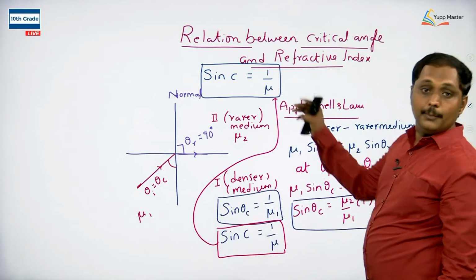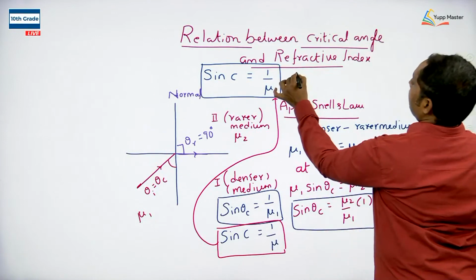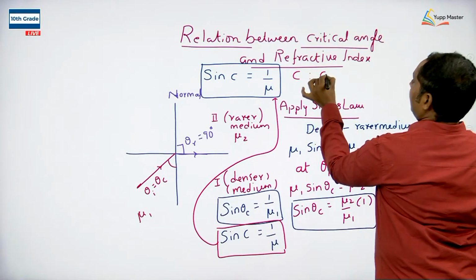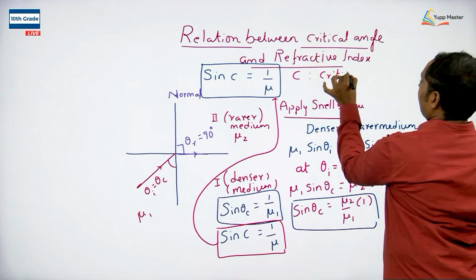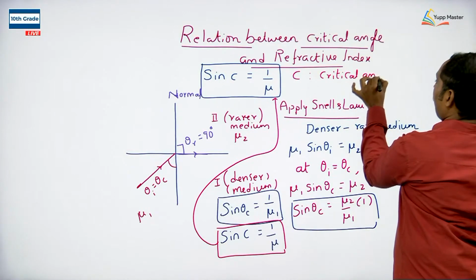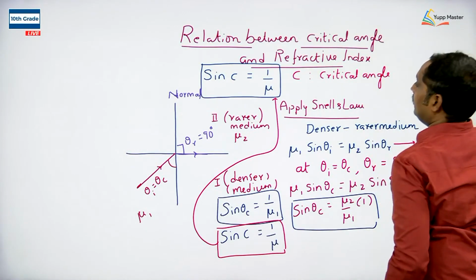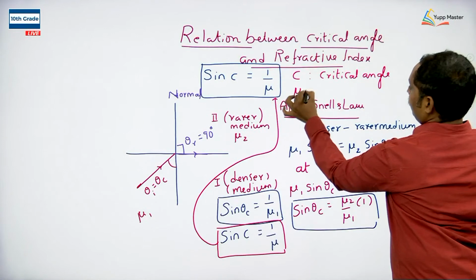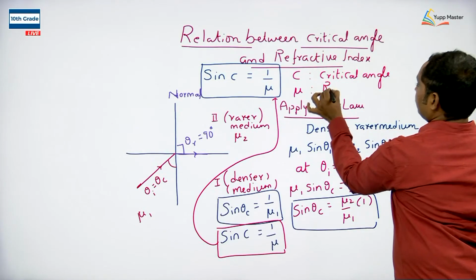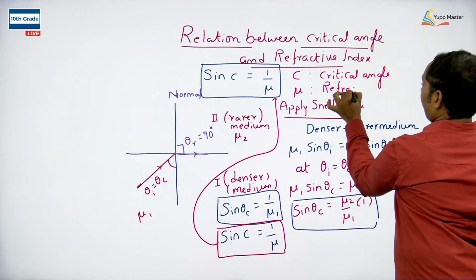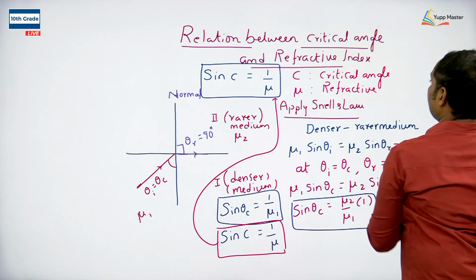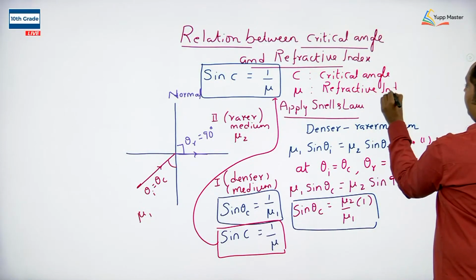Finally, we have obtained c, which is the critical angle, and mu is the refractive index of the denser medium.